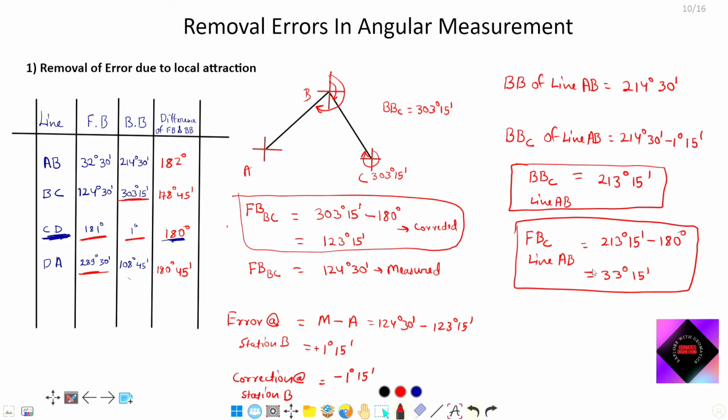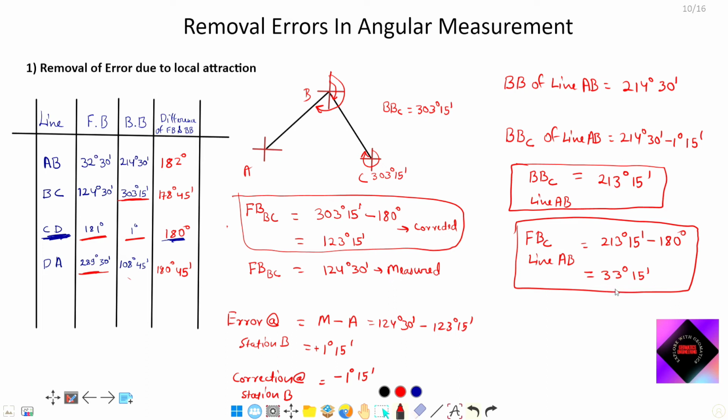Fore bearing minus back bearing, the difference of fore bearing and back bearing. So now I got the fore bearing of line AB, calculated from station A. Means if we are sitting at station A, we will calculate the fore bearing of line AB.